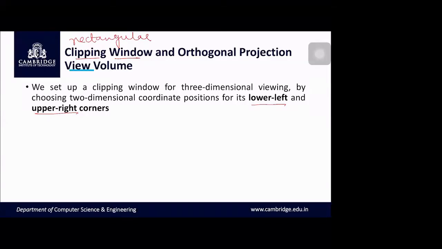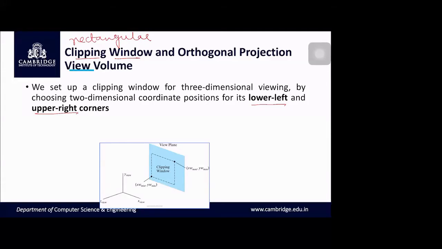But many packages, especially OpenGL, will not give such options to the user. The position of the clipping window is fixed. The values are based on the user, that's how you will give your ortho values. Okay.